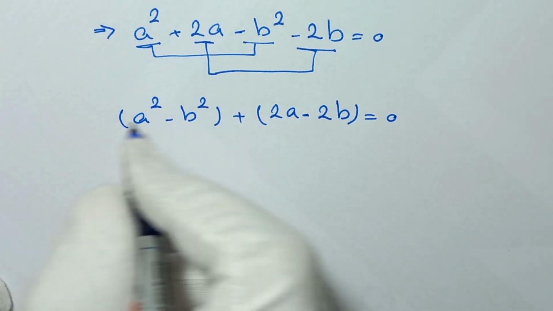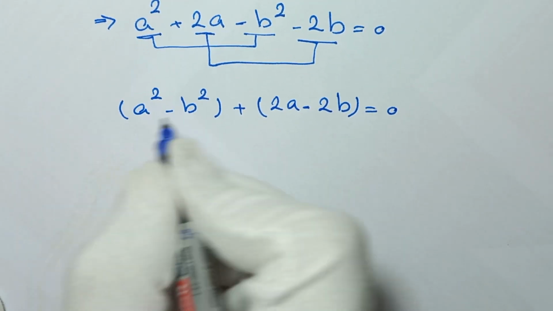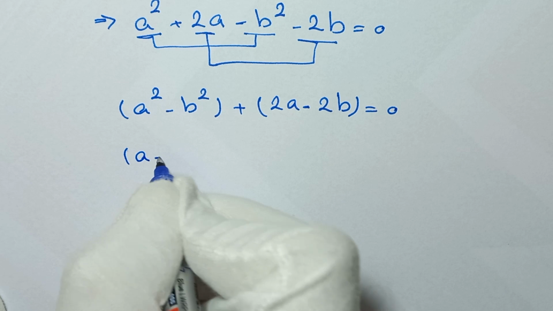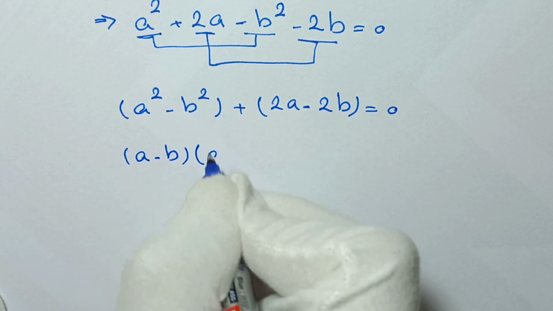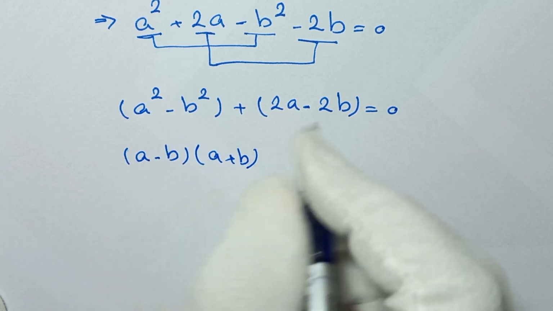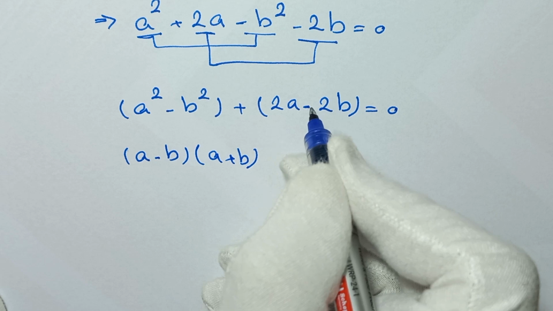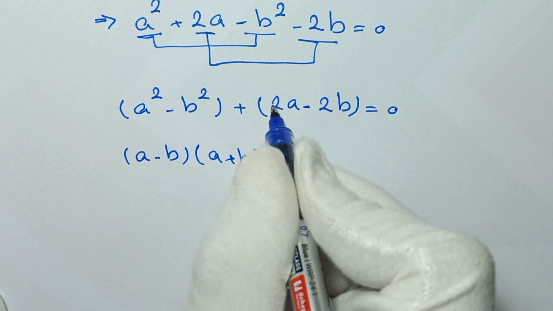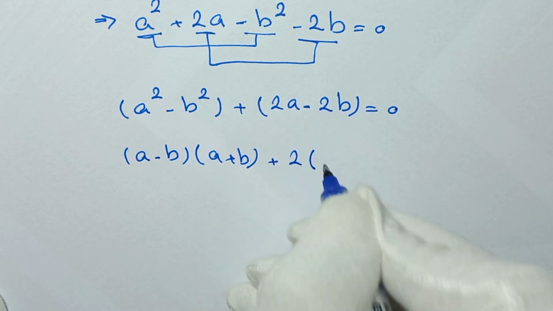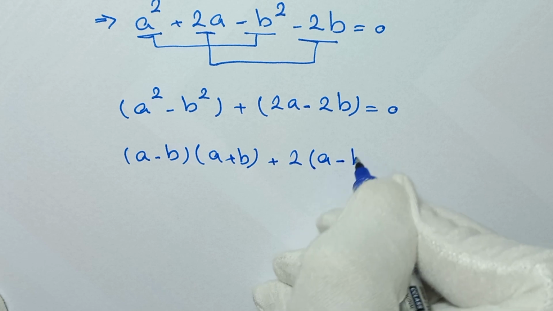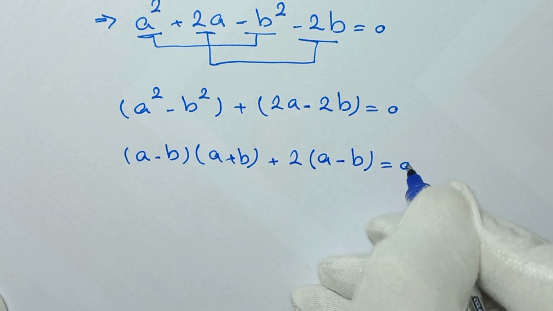In here this is in the form of a difference of two squares, and we can write this as a minus b times a plus b, right? And for these two parts we factor 2, so it will be a minus b, right, equals 0.